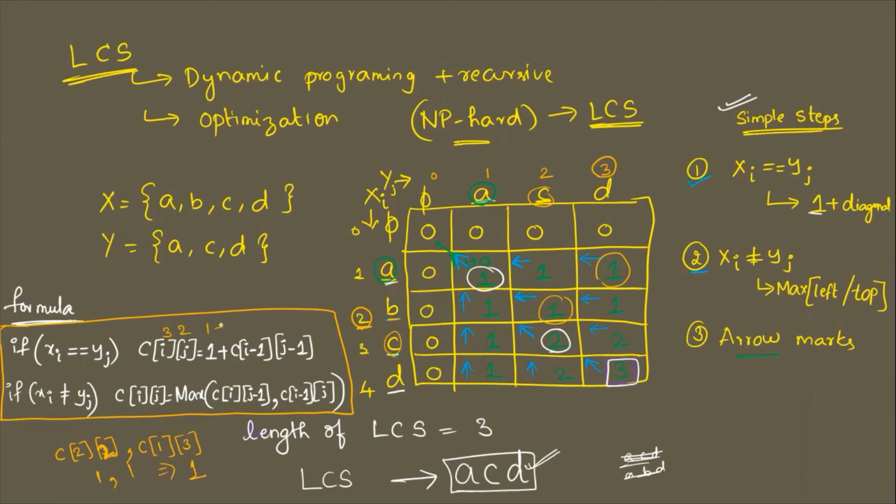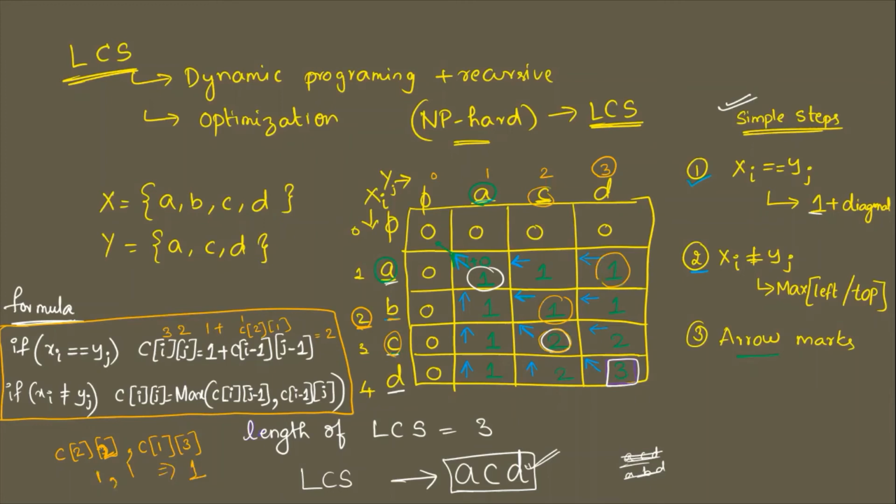So 1 plus C of i minus 1, that is what? C of 2 and j minus 1 is 1. Cost of 2 comma 1. 2 comma 1 is what? 1. So 1 plus 1 equals 2. That is the case here. Okay. So now I hope this is clear.